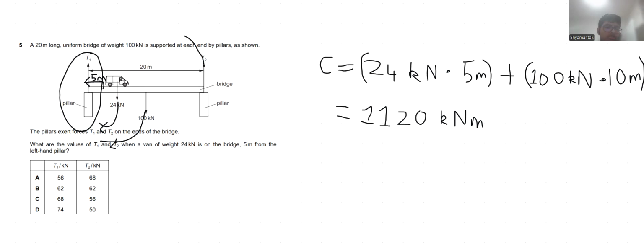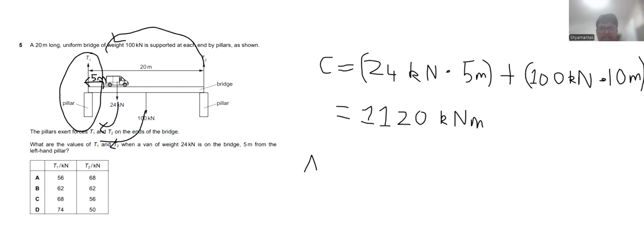Now, T2 produces an anti-clockwise moment, and the bridge is not collapsing or anything. So basically, the system is in rotational equilibrium, which means we can apply the principle of moments. The total clockwise moment equals the total anti-clockwise moment.